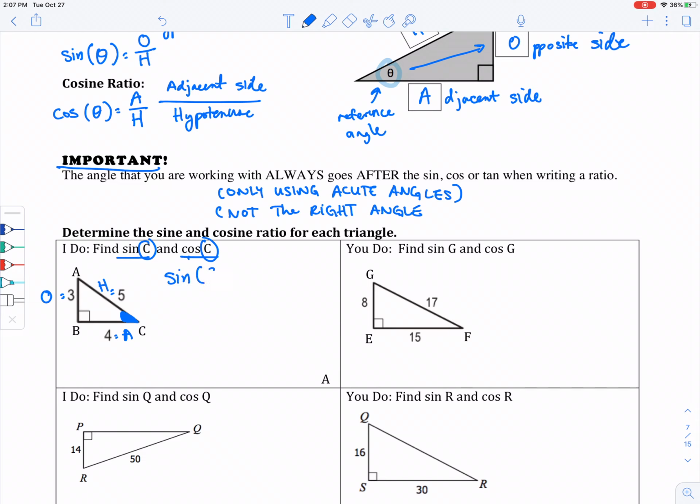Sine of C equals opposite over hypotenuse, which means it is 3 over 5.